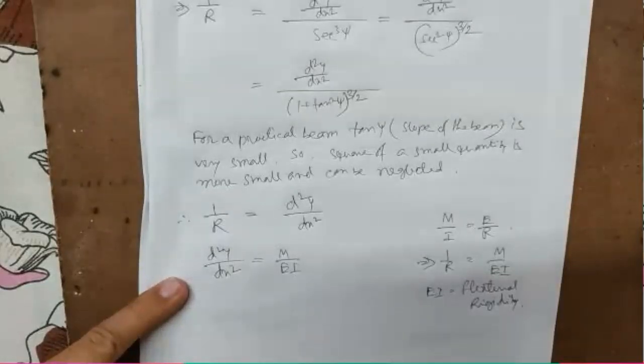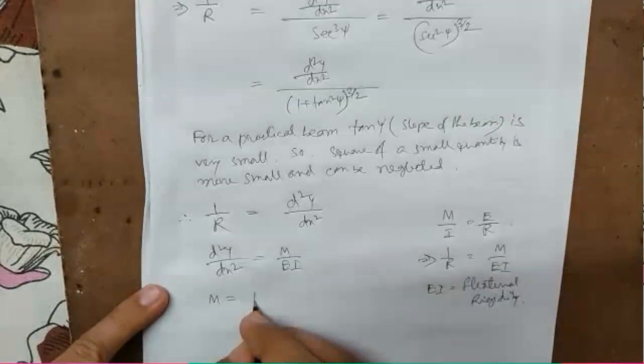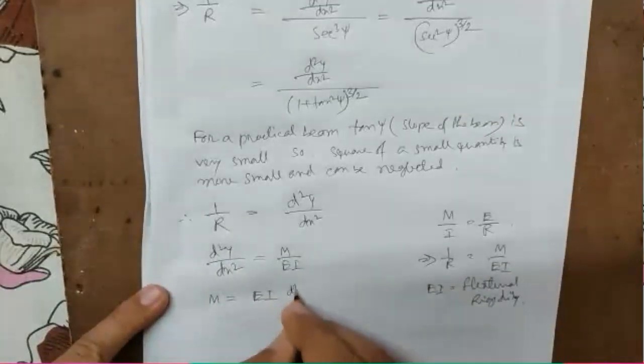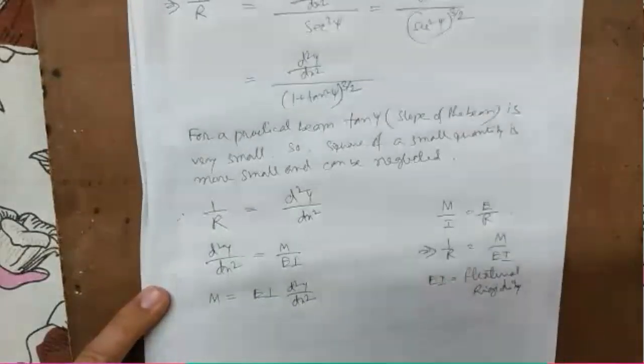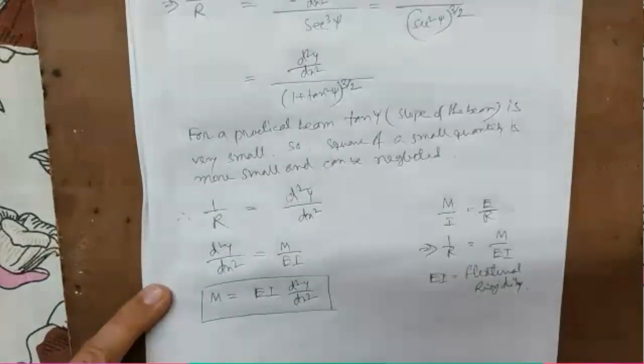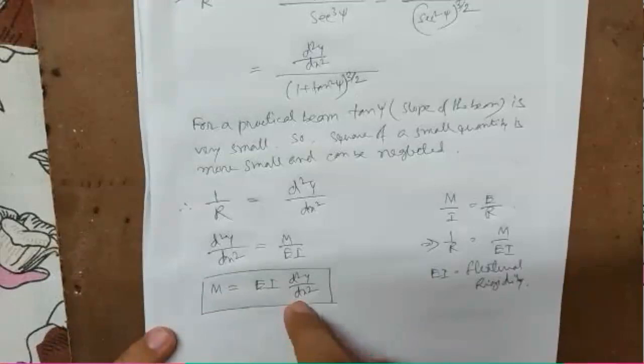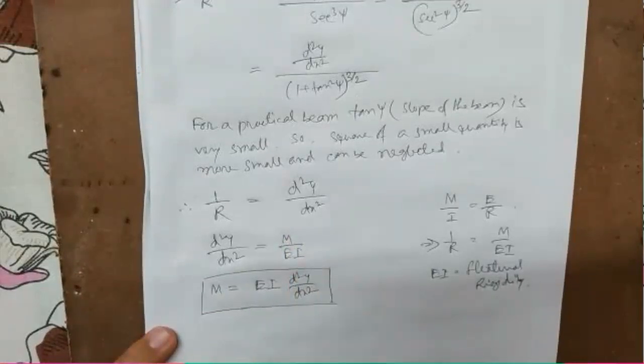So now from here we can find out that M can be written as EI d2y dx2. So this is a very important equation.